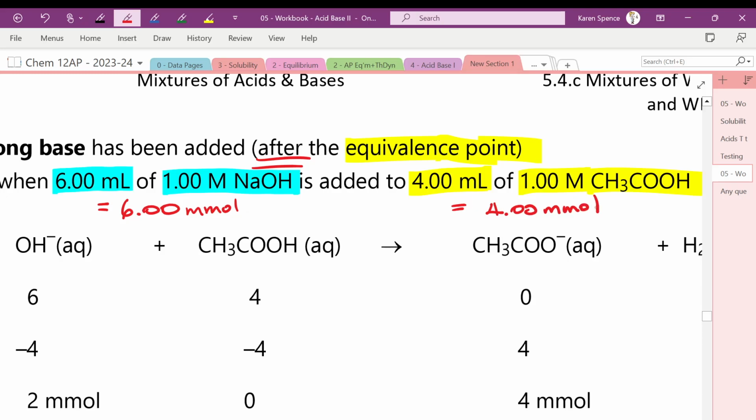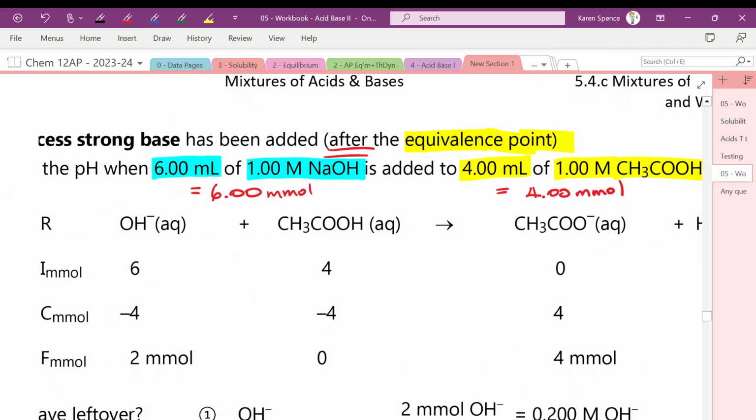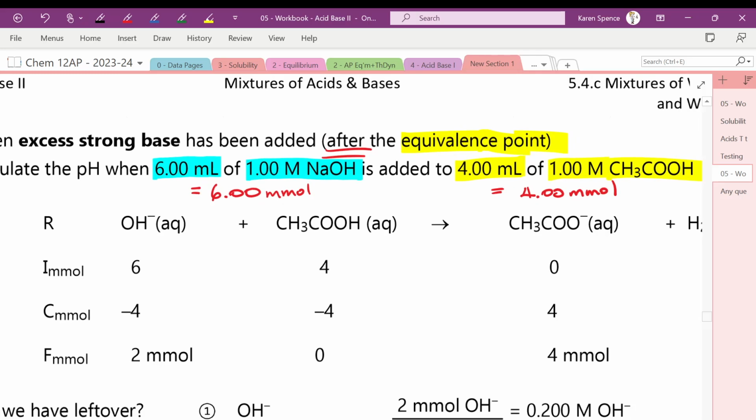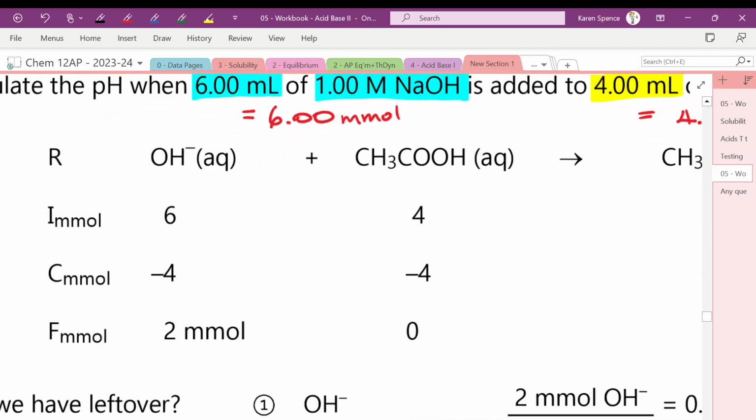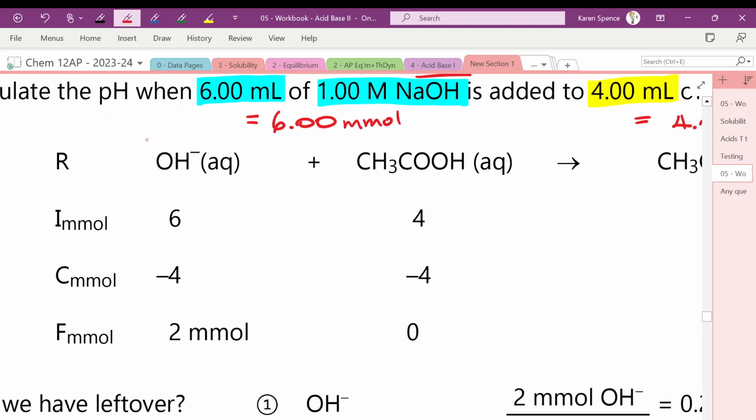Once we've determined the moles of the strong base and the moles of the weak acid, what tool should we use next? The RICFA table, okay? We're going to keep using that term, because it is silly. Here we have our hydroxide, from the sodium hydroxide.